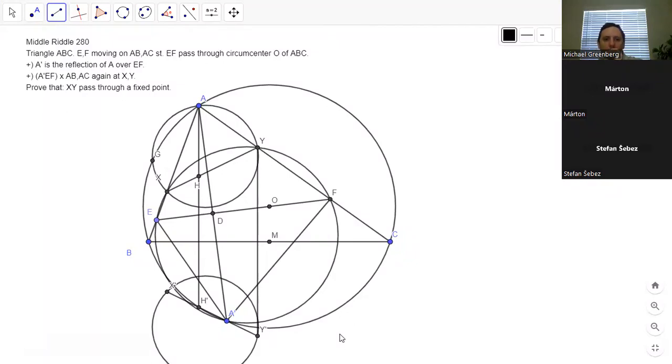Well, H prime is always going to be in the same place no matter where E is. A prime is going to move and Y prime is going to move.